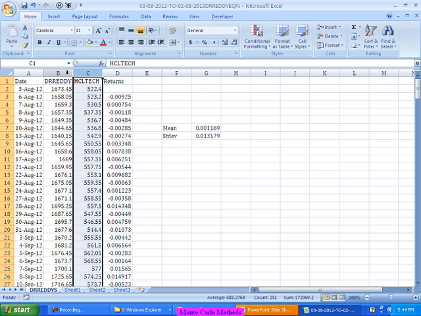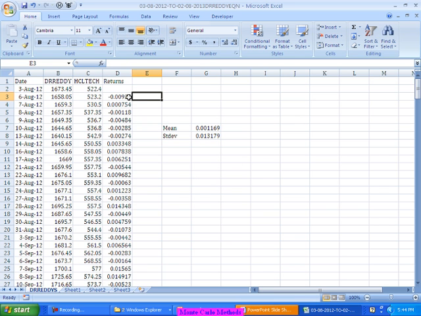If I generate one random number for this and another random number for that, with no interrelationship between the random numbers, I am simply assuming that there is no correlation between Dr. Reddy's and HCL Tech. But in reality, there may be a correlation between them. Let's see.